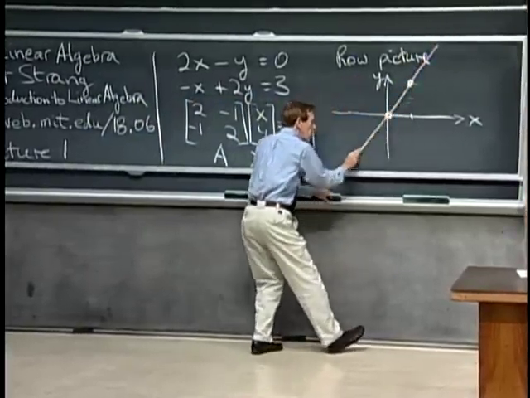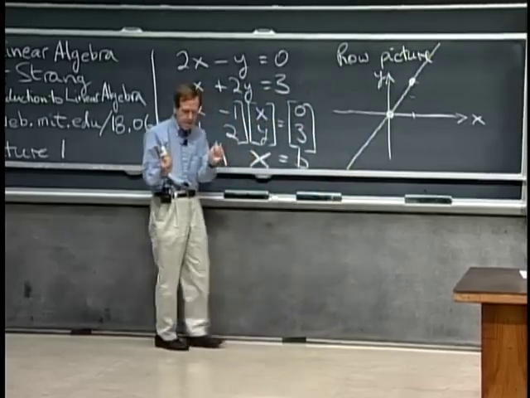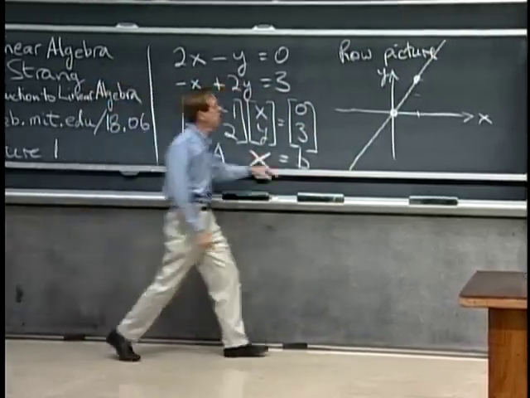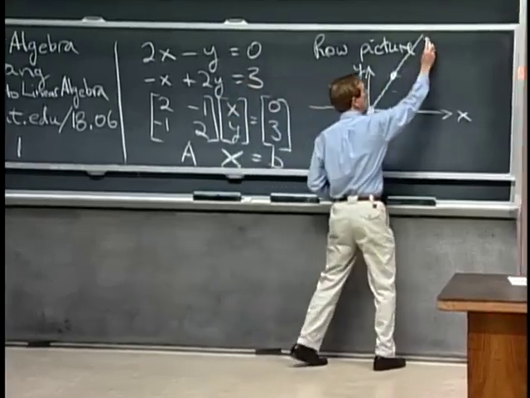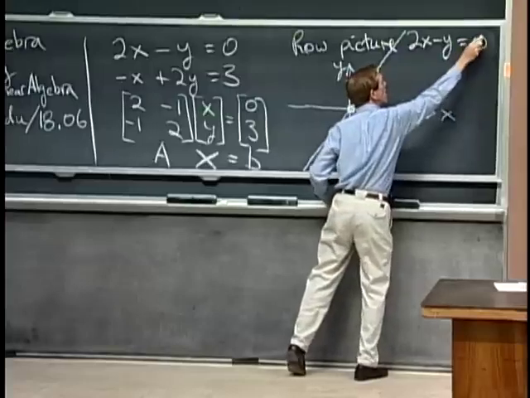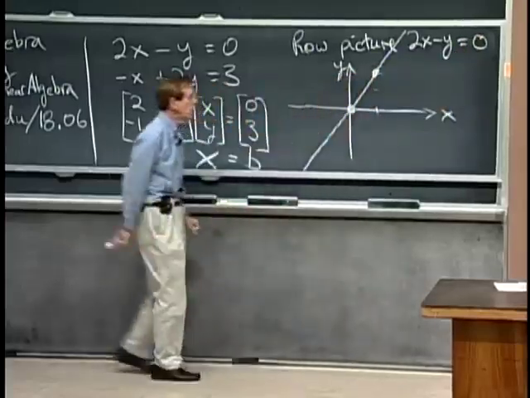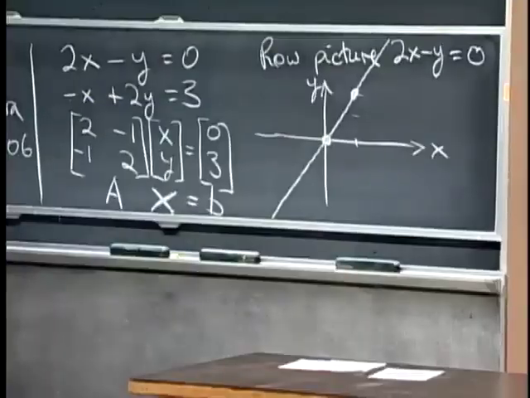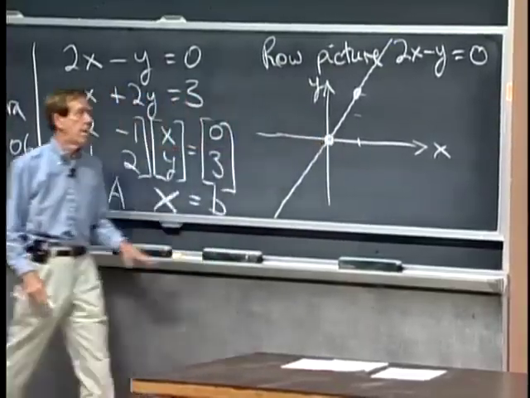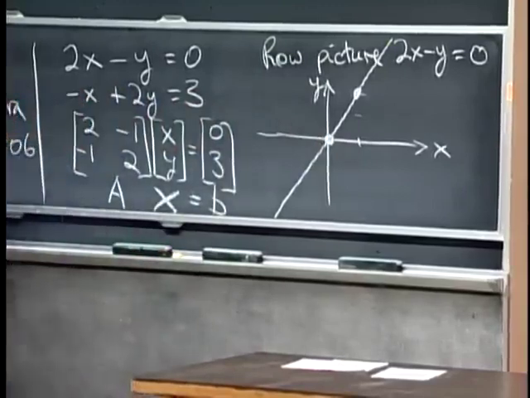This is a linear equation, and that word linear has the letters for line in it. This is the line of solutions to 2x minus y equals 0, my first row, first equation. So typically maybe x equal a half, y equal 1 will work. And sure enough, it does. Okay, that's the first one.